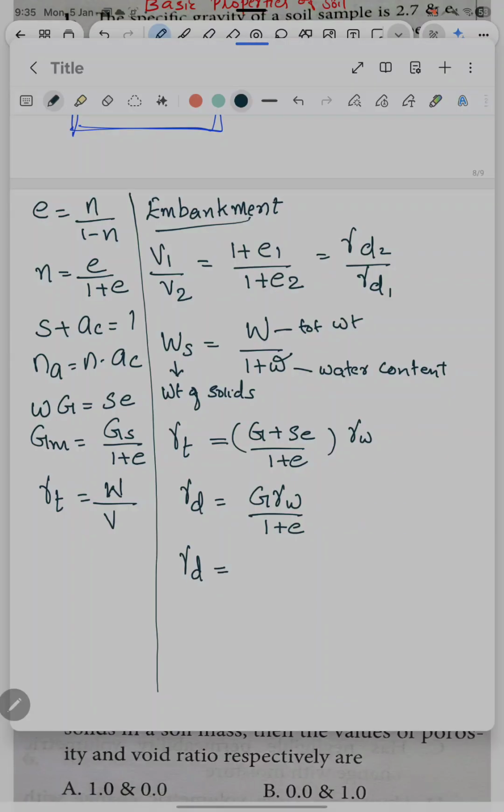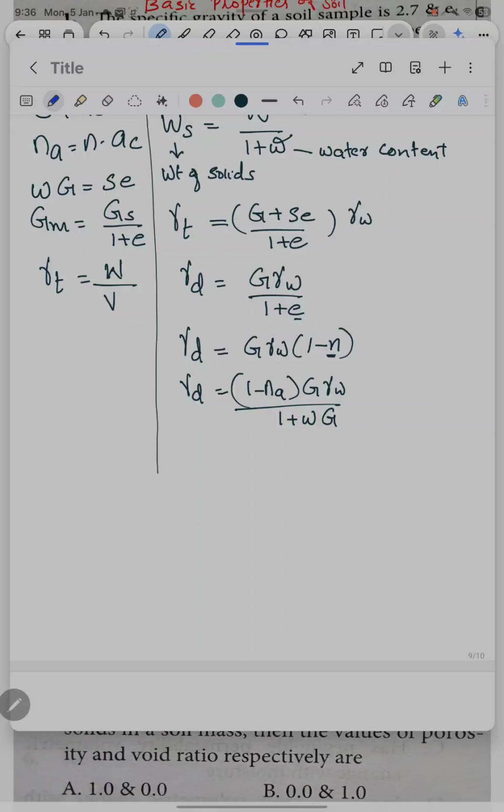Then next equation, γd = Gγw/(1 + e), this is in terms of e, and another equation in terms of n: γd = Gγw(1 - n). I just discuss the equations only; the derivations are there. Then one more equation in terms of percentage air voids: γd = (1 - Na)Gγw/(1 + wG).